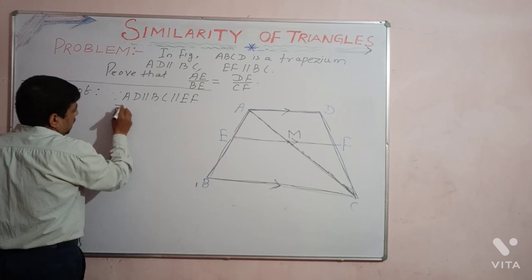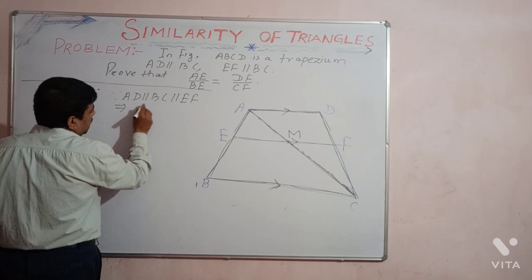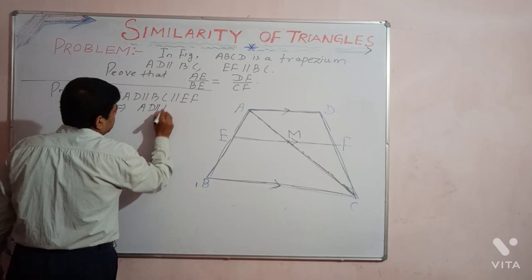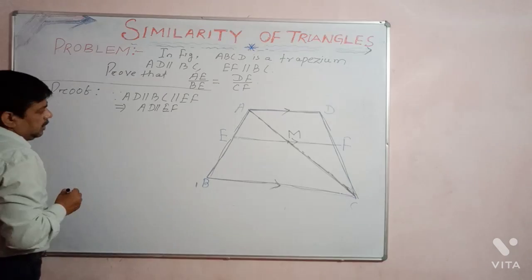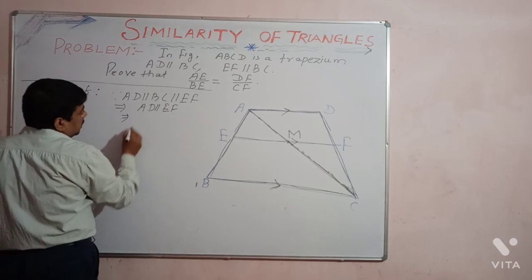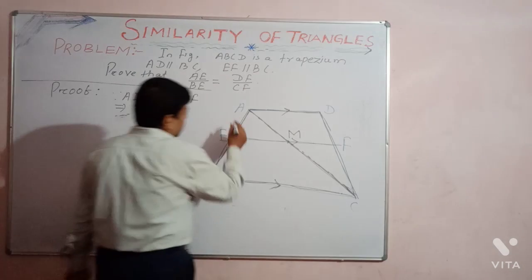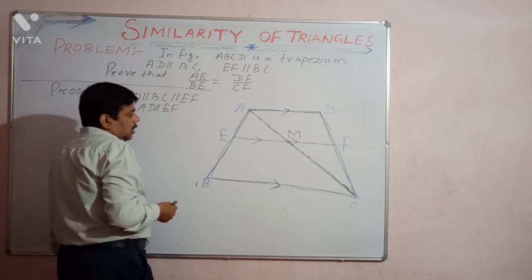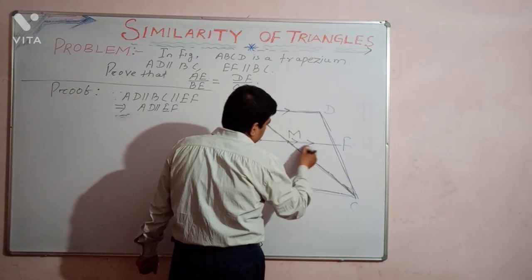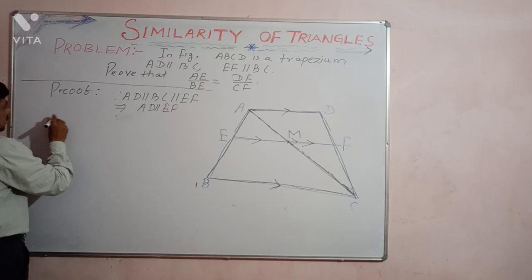So that implies AD is also parallel to EF. If AD is parallel to EF, then FM is also parallel to AD. Okay. Now see carefully.